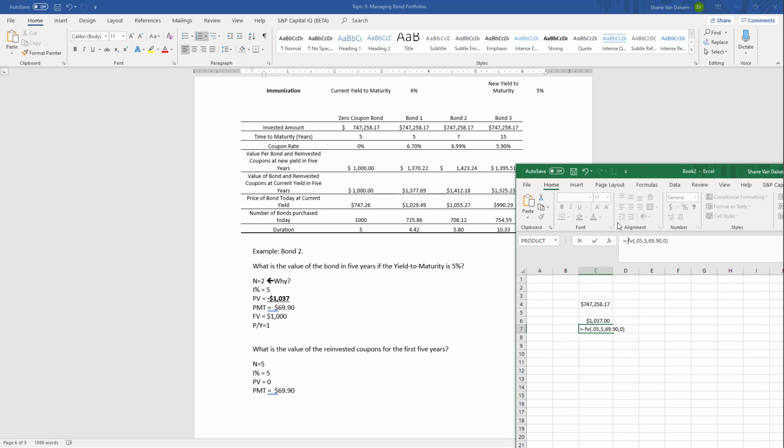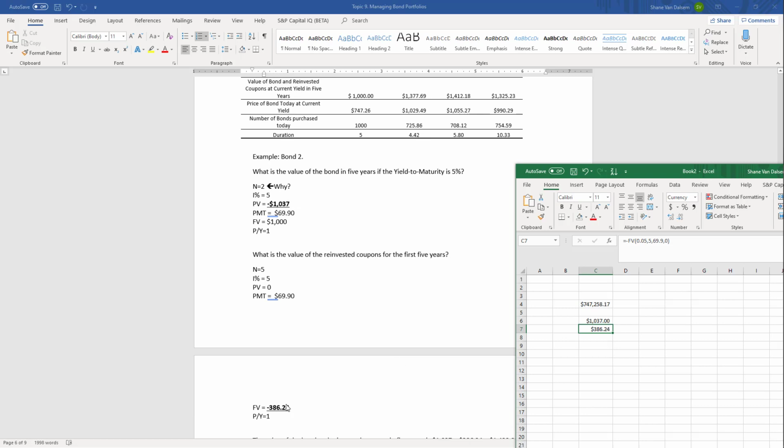And so the future value of my 5 payments of $69.90 invested at 5% is $386.24. So I'm going to add those together to get $1,423.24.